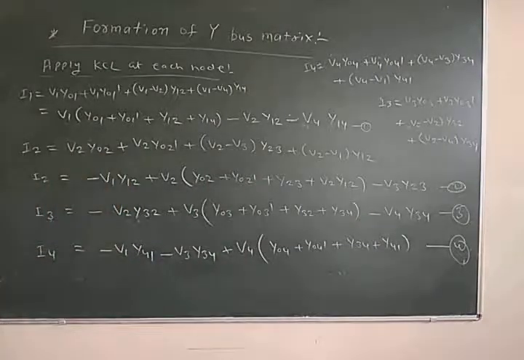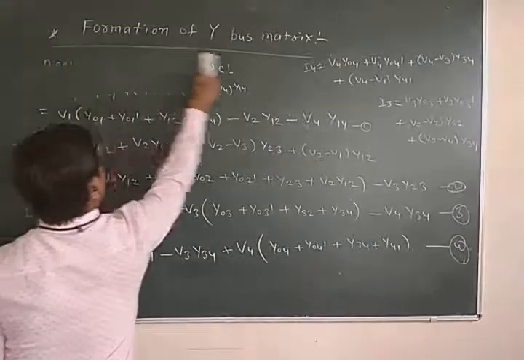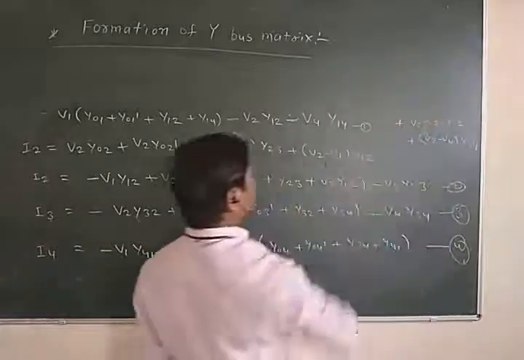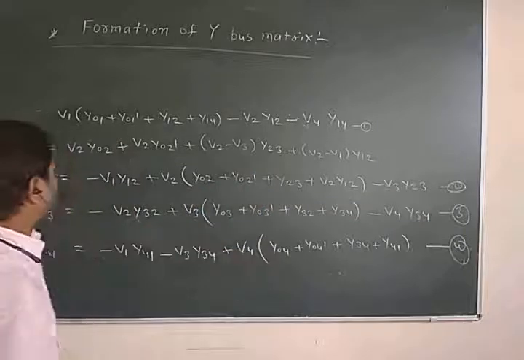So we can draw the admittance matrix for bus 1, 2, 3 and 4, from these 4 equations 1, 2, 3 and 4.